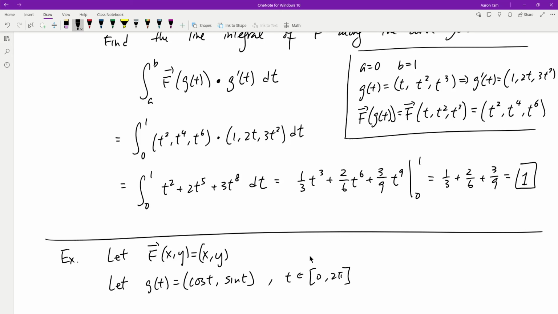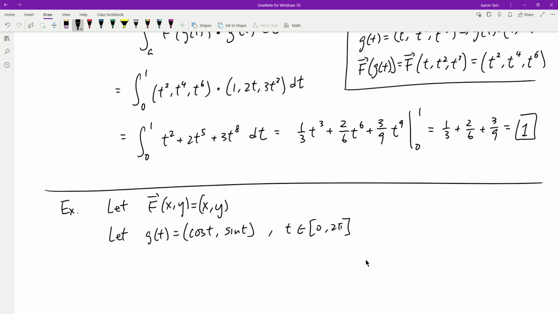So one way to write that is t in the interval 0 to 2 pi. And I'm just going to go ahead and ask you to find the line integral of f along g of t.